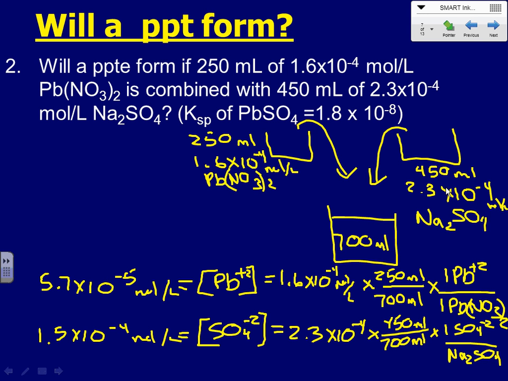So now, I don't think we need to write this out. It's 1 and 1, so the trial Ksp is going to be equal to the concentration of Pb2+ times the concentration of SO4 2-.